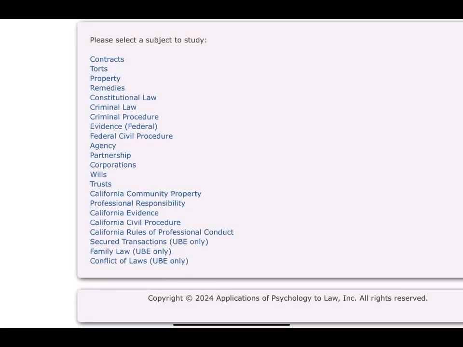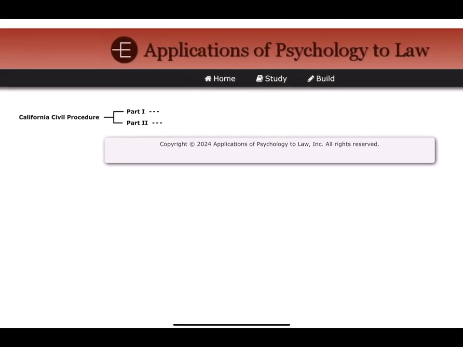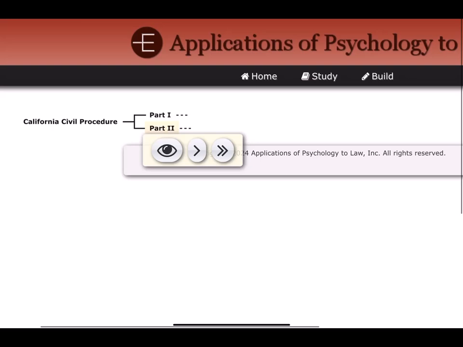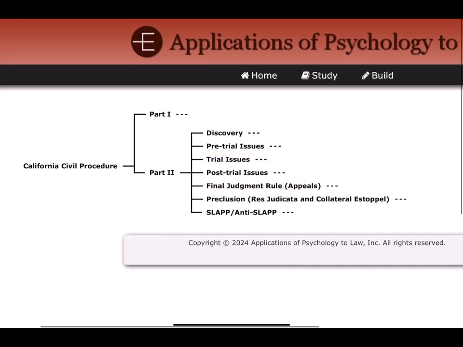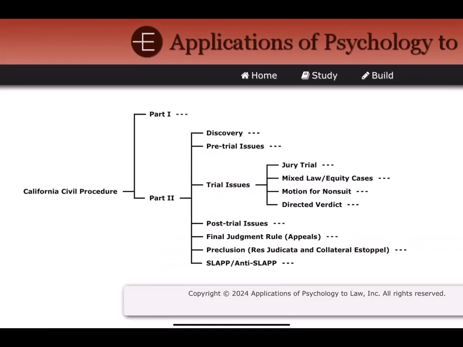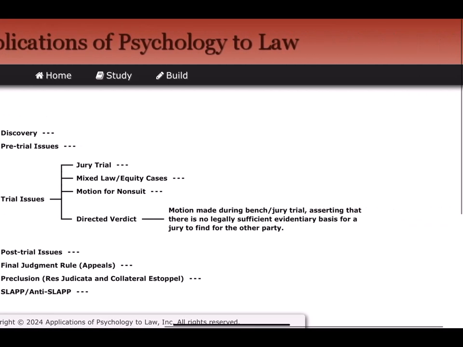Okay, let's stop and take a look at the law and come back to this. So I'm going to go to California Civil Procedure. Our civil procedure schemas are divided into 2 parts. It's such a huge subject. All of the discovery through trial and post-trial issues are in Part 2. So here we go with Part 2 and trial issues, and down here we see directed verdict. And what do we have?